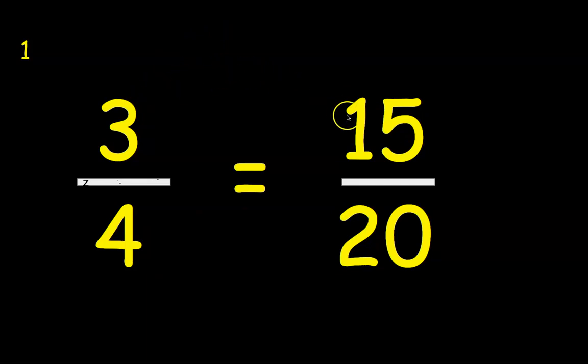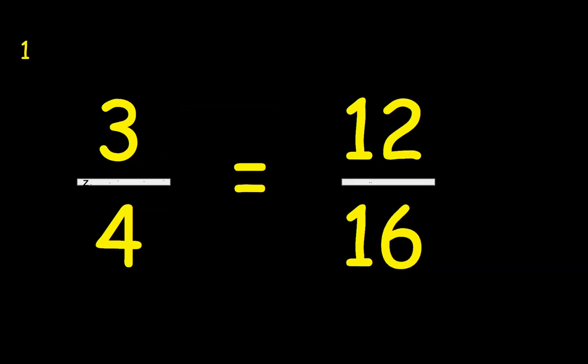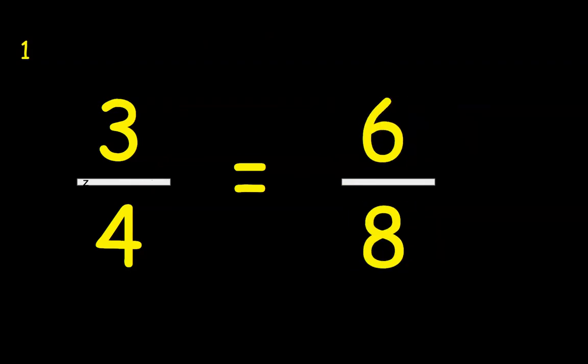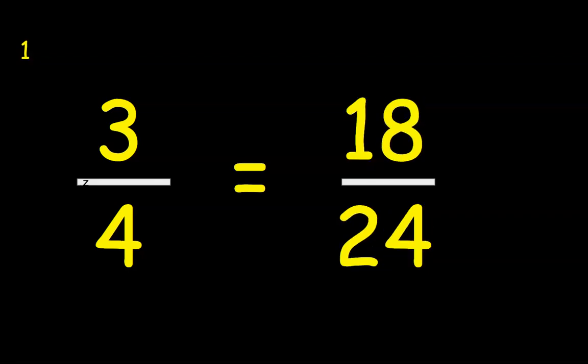Multiplying by 5. 3 times 5 is 15, 4 times 5 is 20. All of these fractions are equivalent. 3 quarters, 15 20ths, 12 16ths. Multiplying by 6, 3 times 6 is 18, 4 times 6 is 24. So there are 1, 2, 3, 4, 5 different equivalent fractions to 3 quarters.